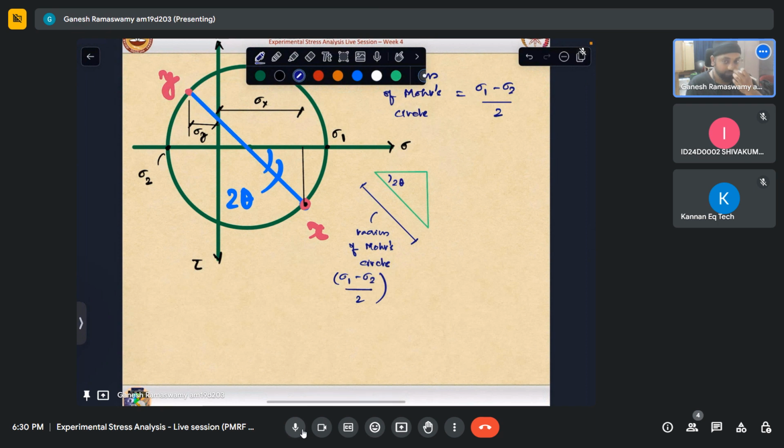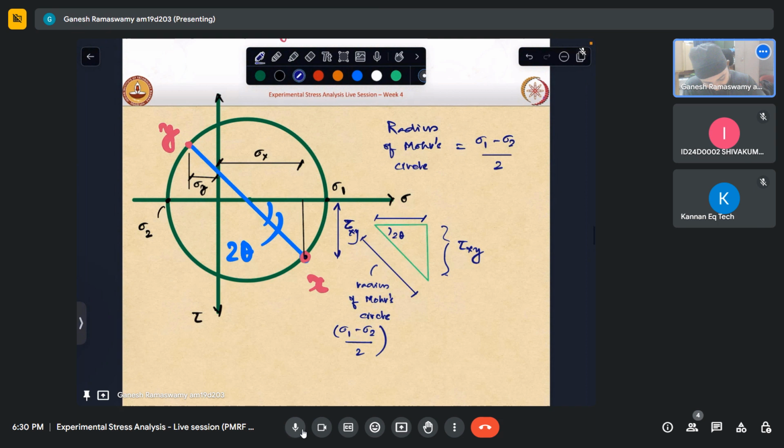Very well. What is this quantity? This is nothing but this, which is tau xy, because that is how we plot the Mohr circle. So this is tau xy. Now, what is this quantity? From here, this total distance is sigma x minus sigma y.